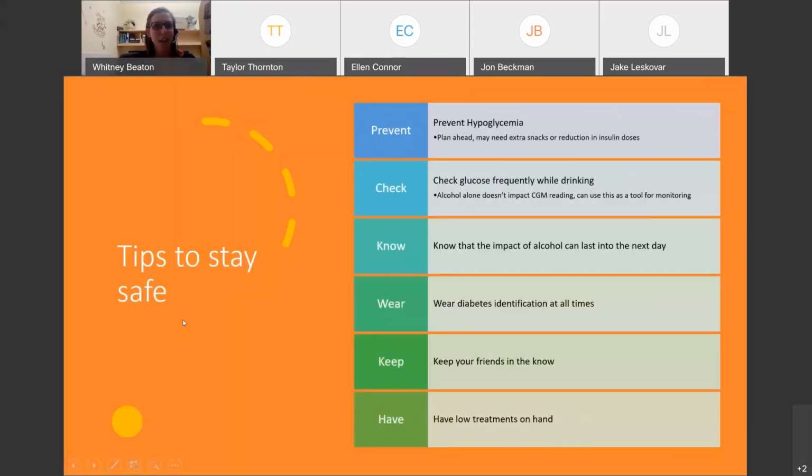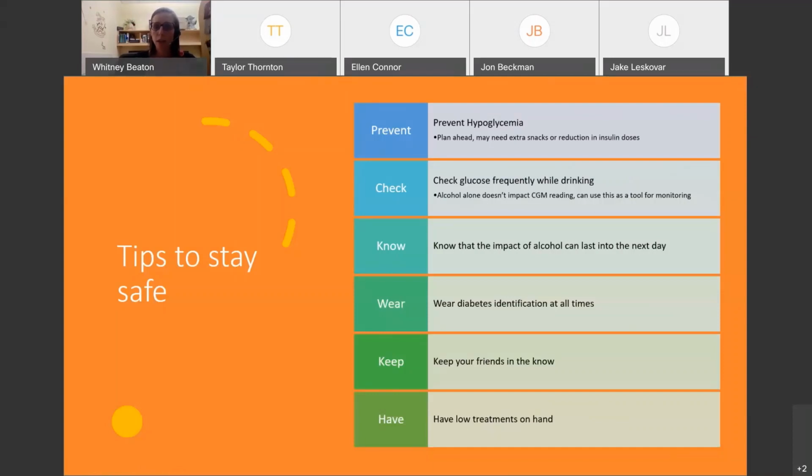So tips to stay safe. Preventing hypoglycemia, knowing that you're going to need extra snacks or possibly a reduction in insulin doses if you're drinking. We want you to check your blood sugar frequently if you choose to drink. So you can use your CGM as a tool, but also have your glucometer available in case you need it. Know that those lows can last well into the next day.